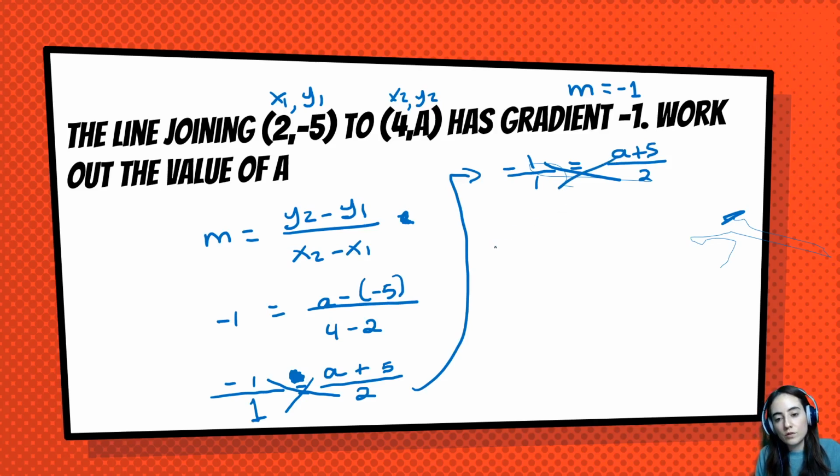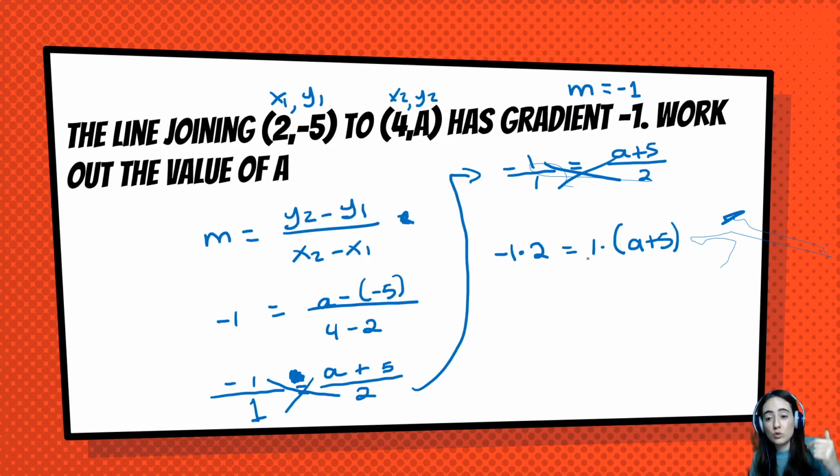So what you're going to have is minus 1 times 2, so it's with its pair that it was connected, equals 1 times brackets a plus 5. Now, the reality is because it's times by 1, you don't have to put the brackets, but I just want you to be always careful when you do happen to have a fraction. It could have been a fraction, didn't have to be 1. It could have been 1/2.